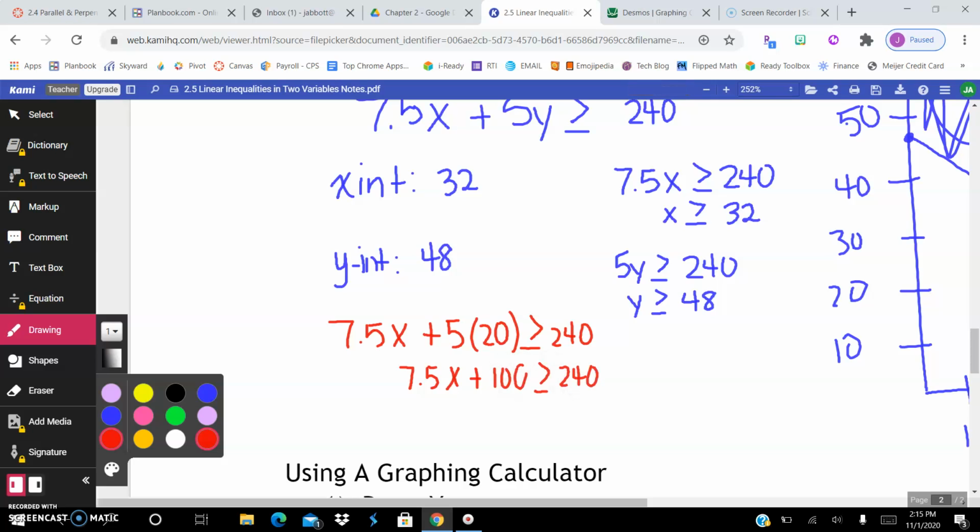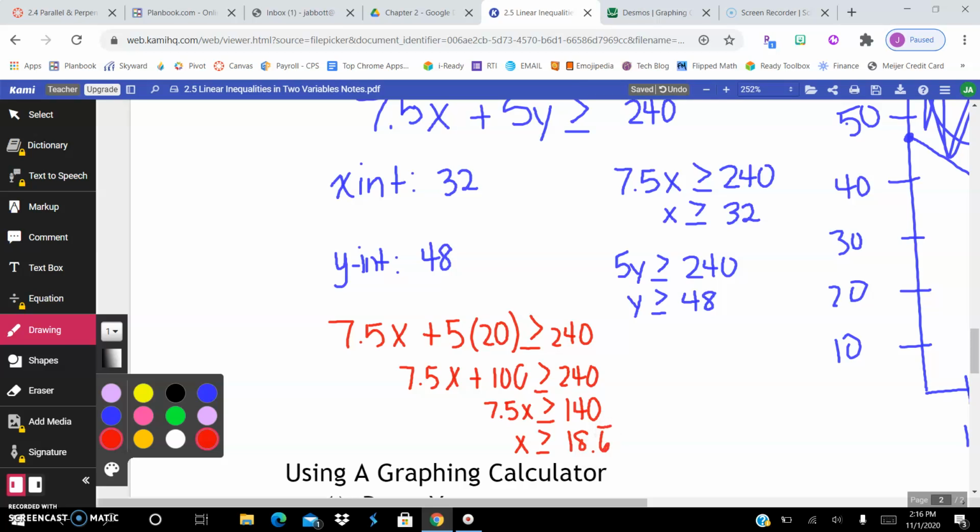And then I'm going to have to subtract 100. So I have 7.5x is greater than or equal to 140. Divide both sides by 7.5. So x is greater than or equal to 18.6 repeating.